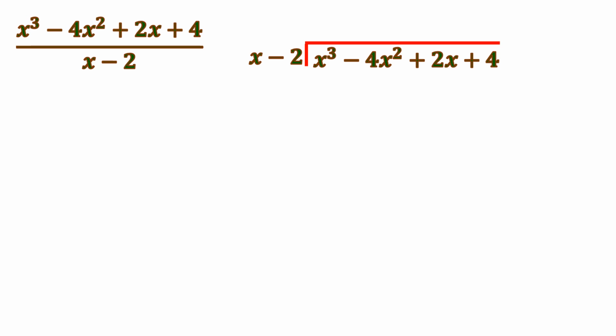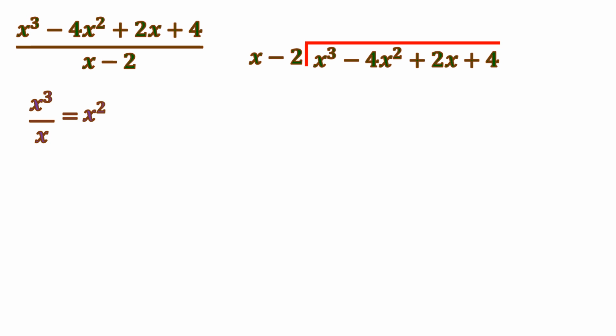And then how to do it, you're going to divide first the first terms of both polynomials, the x cubed and the x. So x cubed divided by x, so of course you cancel one x from both, so what's left is x squared.